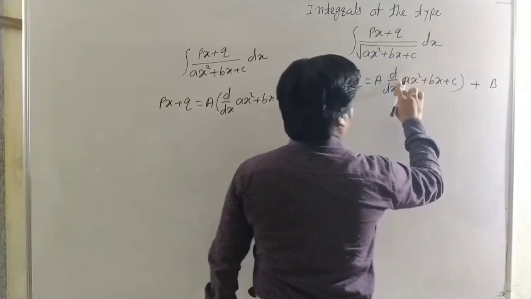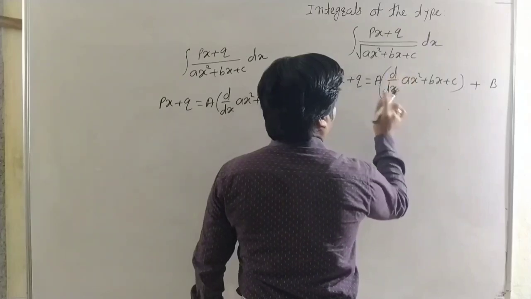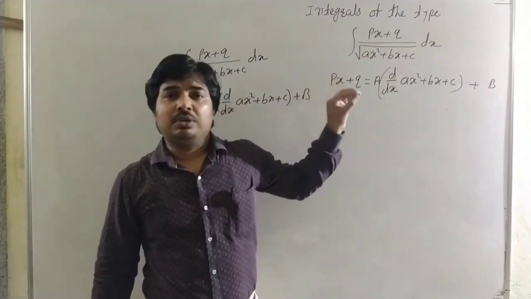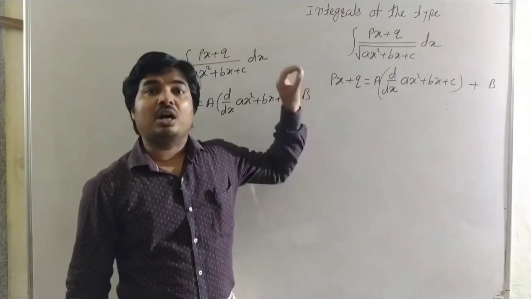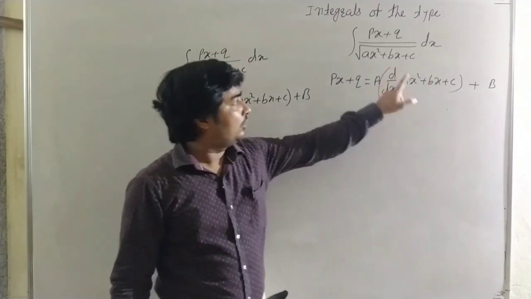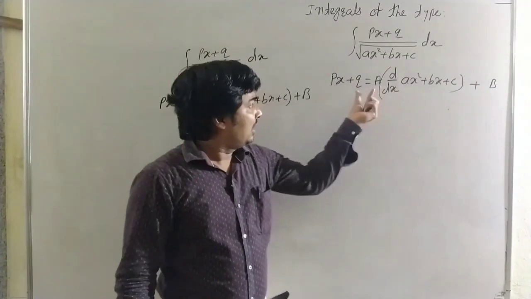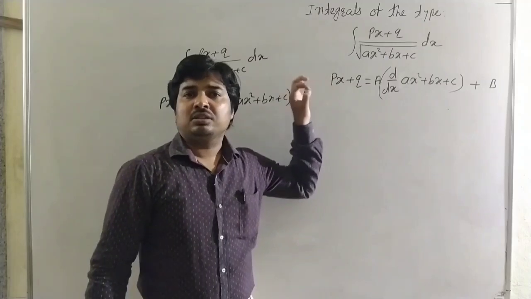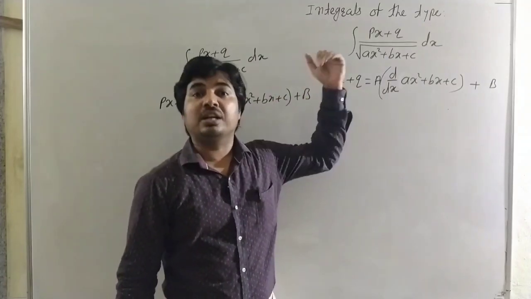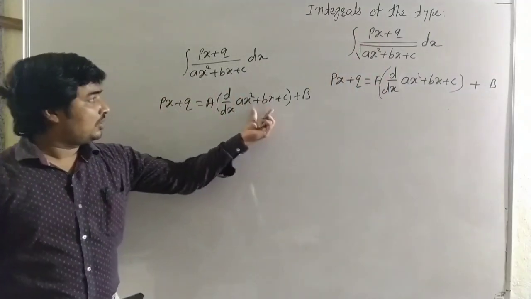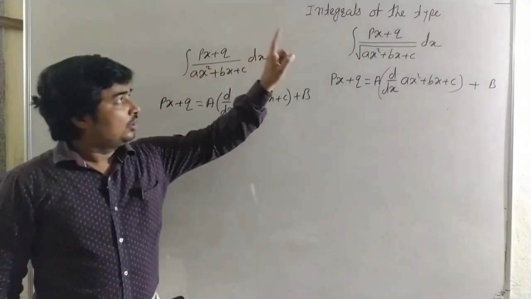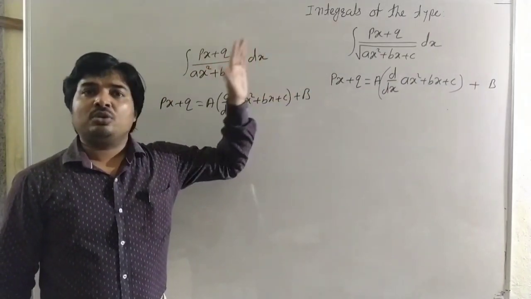Here we can take a bracket. Now, A into the derivative of the quadratic function, for an integral of the type linear function upon under root quadratic function, where the linear function is equal to A into the derivative of the quadratic function plus B. This expression is nothing but an adjustment of the derivative of the quadratic function in the linear function.